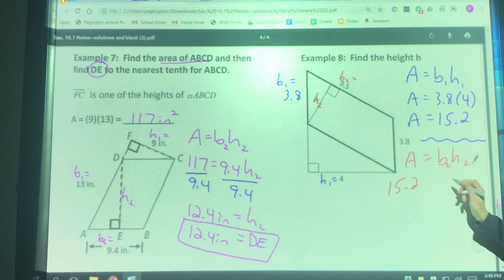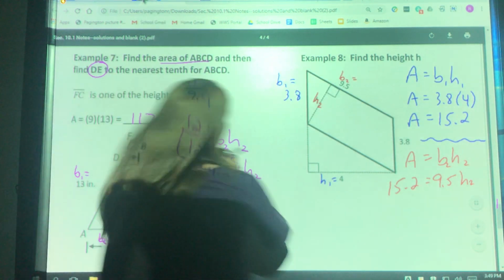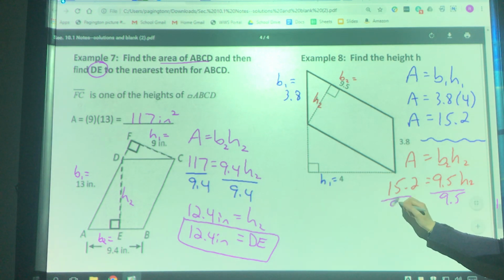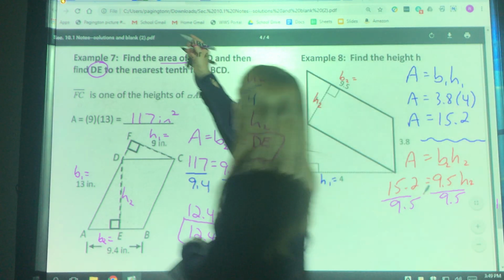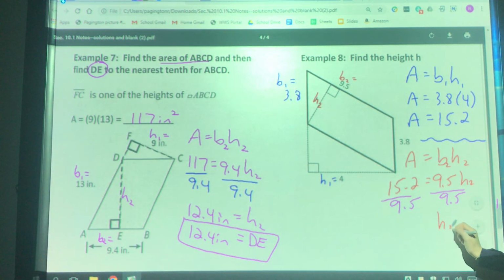So base 2 is 9.5, and height 2 is what I'm looking for. And if I want to solve for the new height, I can divide on both sides again by 9.5. And so that new height that we are looking for is 1.6.